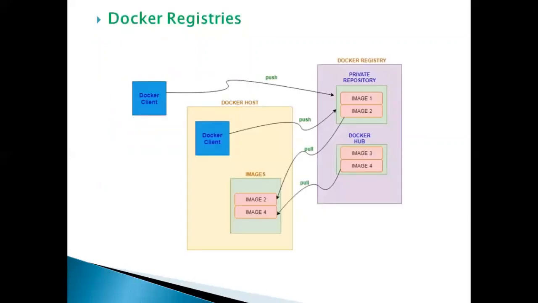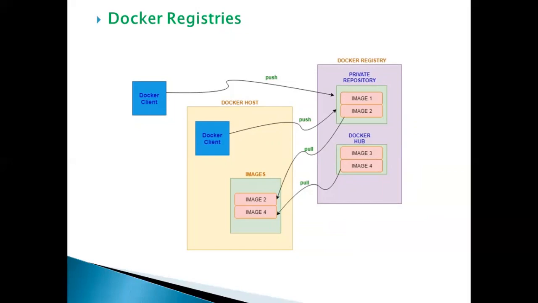Docker registries. The Docker registry stores Docker images. The Docker registry can be private or public. Some companies maintain their own registry to store images. Docker Hub is a public registry that anybody can use.